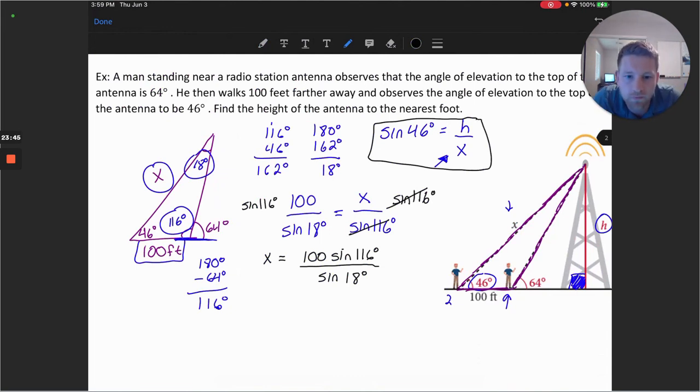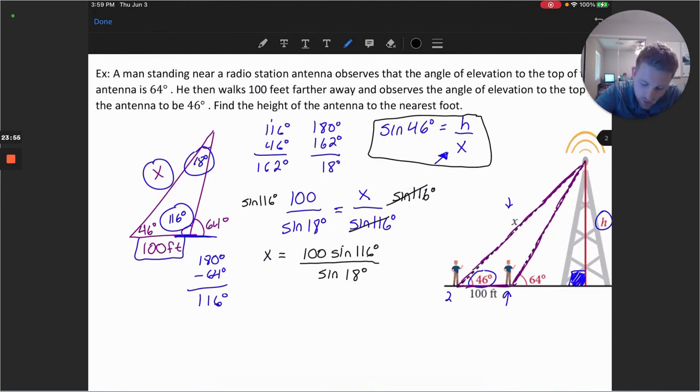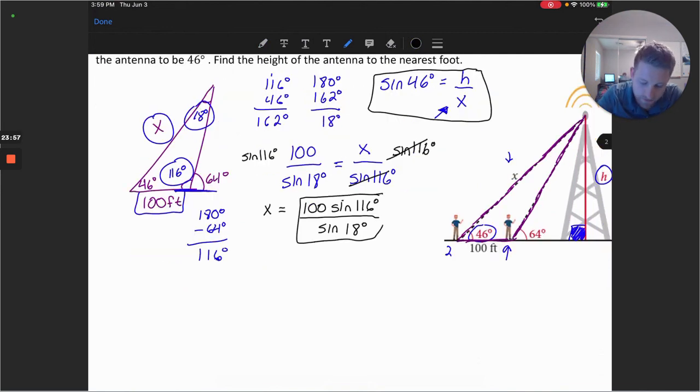The sine of 46 degrees is the ratio h divided by x. Now, let's input this quantity right here in for x. And we'll write this out in one statement and then put it in our calculator once.